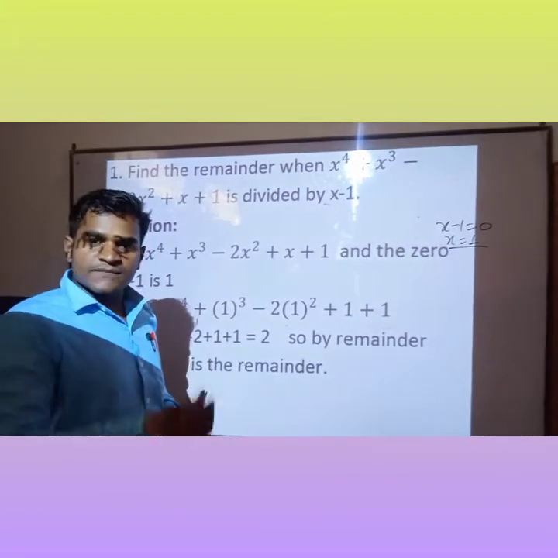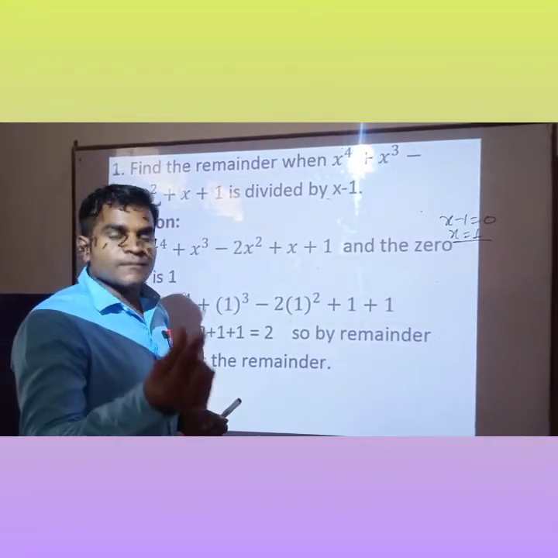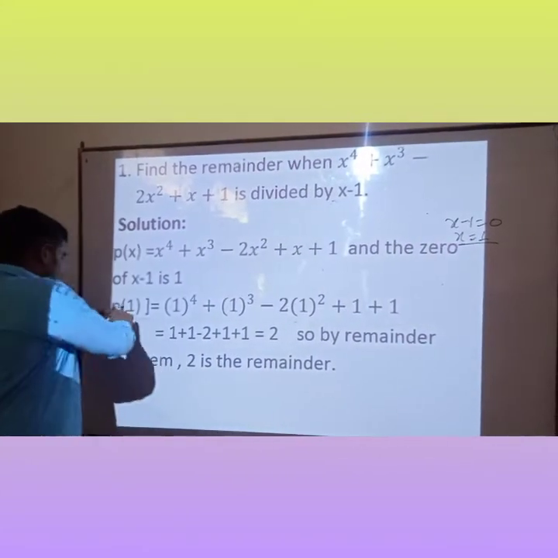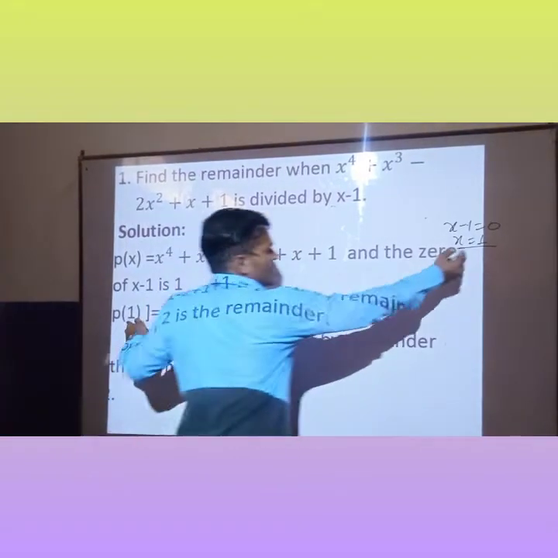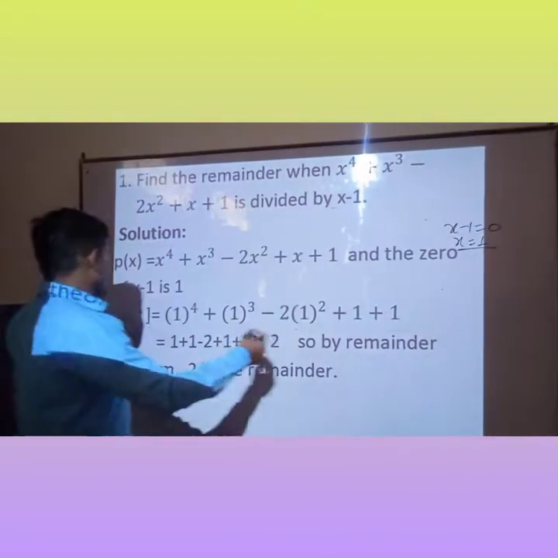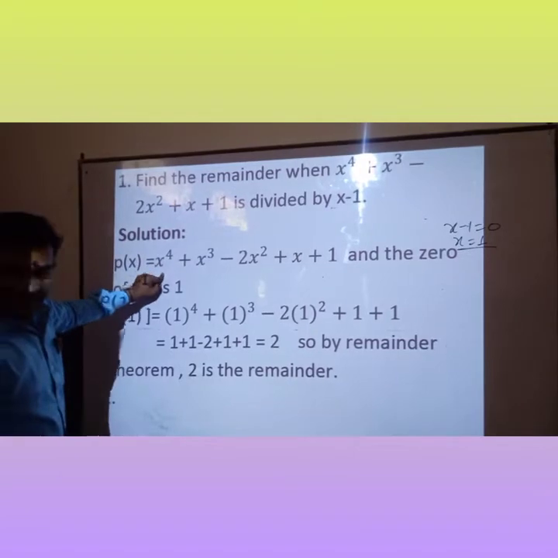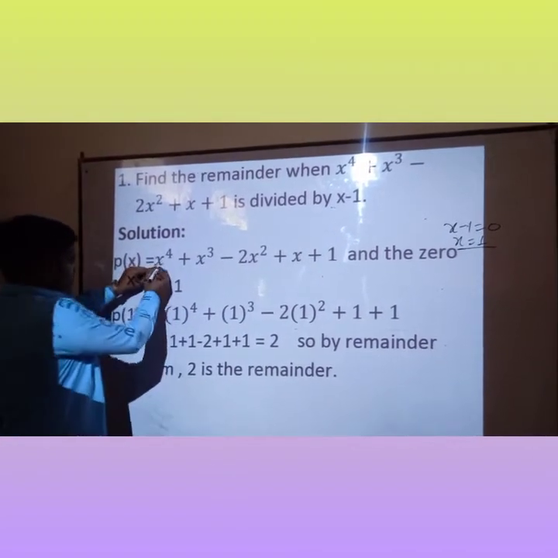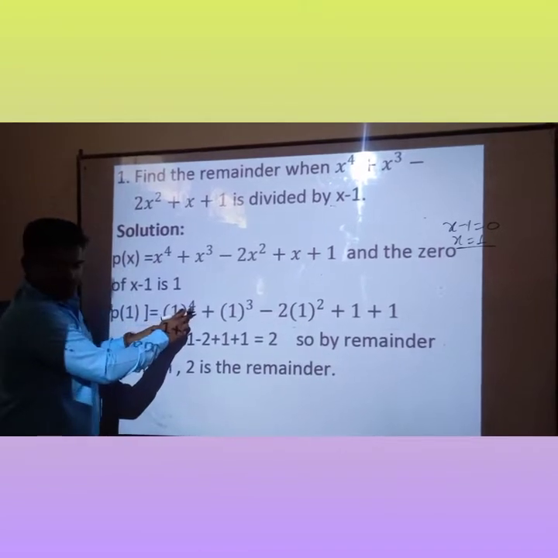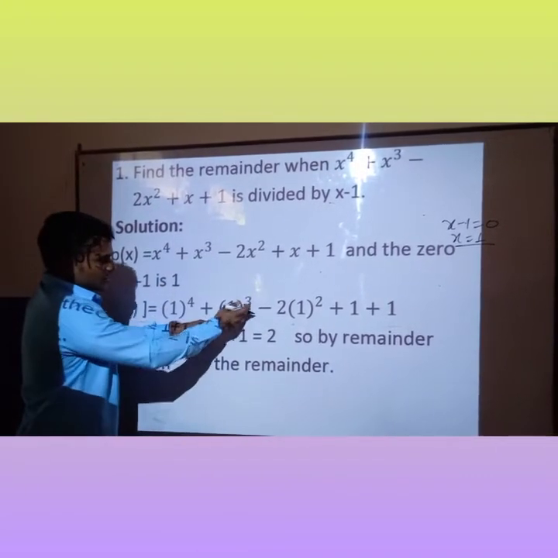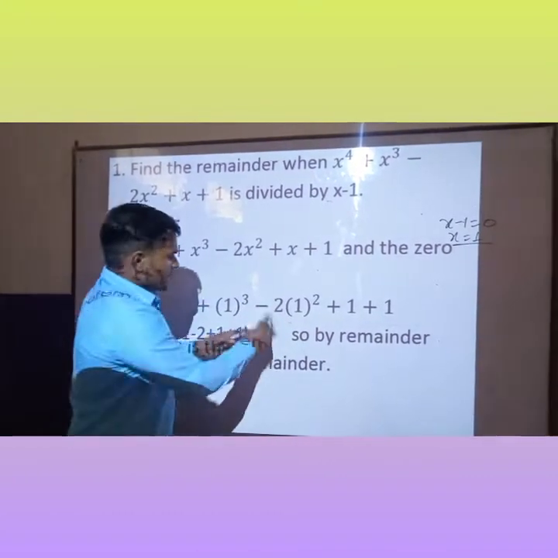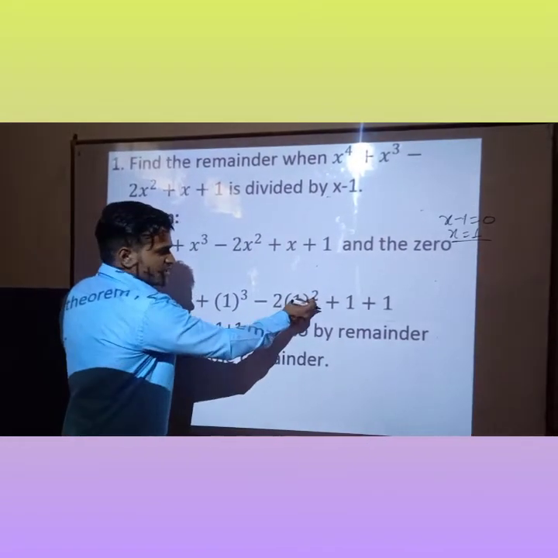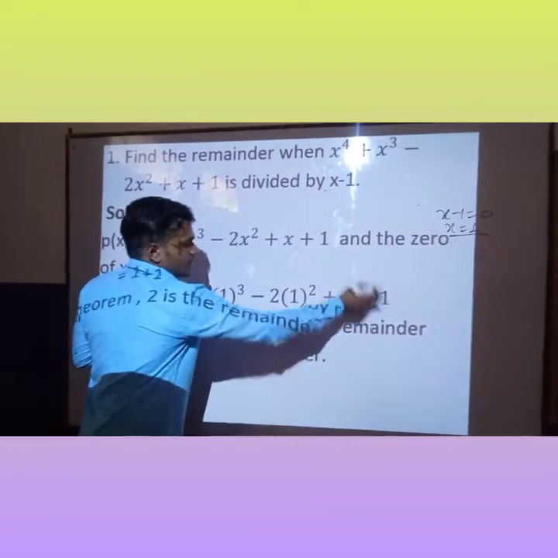So as we know, p(a) is the remainder. It means p(1), because here the zero of the divisor is 1. So replace the variable, meaning replace x by 1. So we get p(1) is equal to 1 power 4 plus 1 cube minus 2 into 1 square plus 1 plus 1.